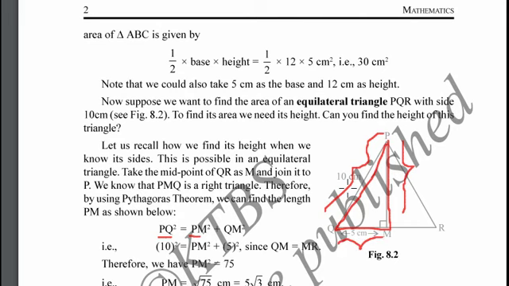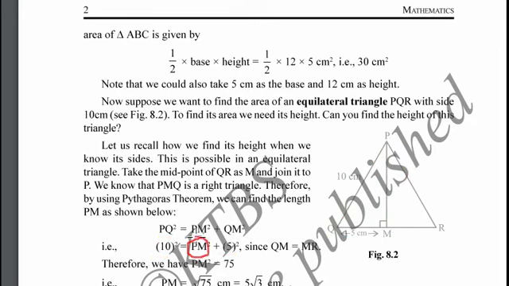We know the length of PQ, which is 10 centimeter, and we also know the length of QM, which is half of length QR, that is 5 centimeter. This length is 5 centimeter. PQ square, 10 square is equals to QM square, which is 5 square, plus PM square.